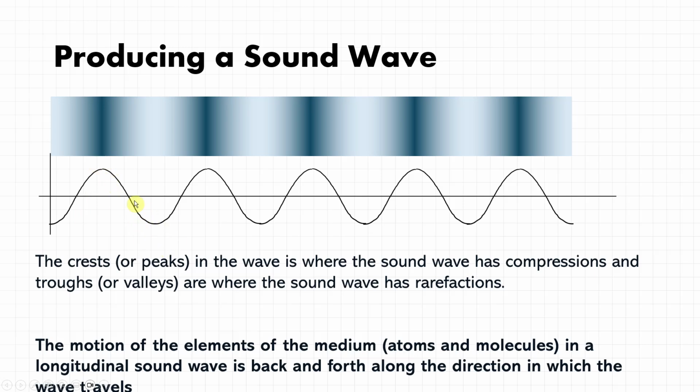The motion of elements in the medium, in air it would be the molecules in the air, in water it would be water molecules. The motion of the elements in a longitudinal sound wave is back and forth along the direction in which the wave travels.